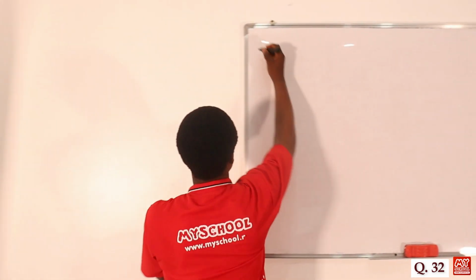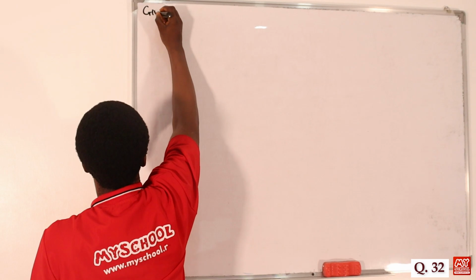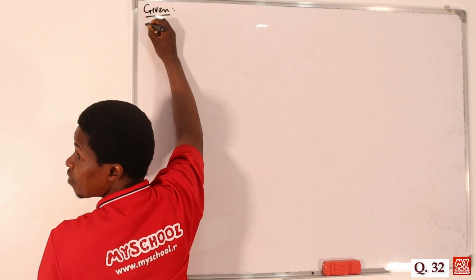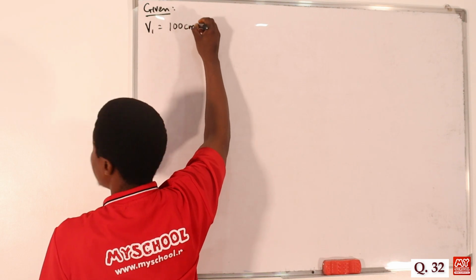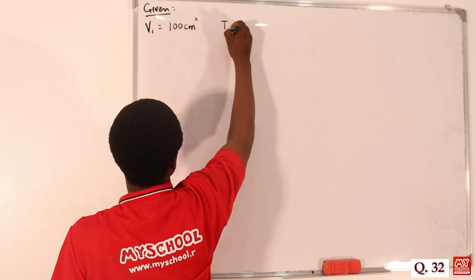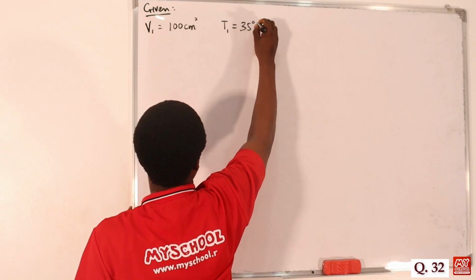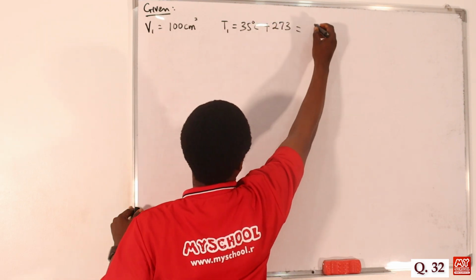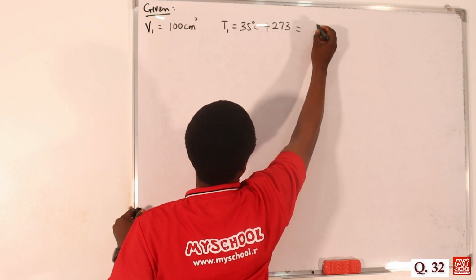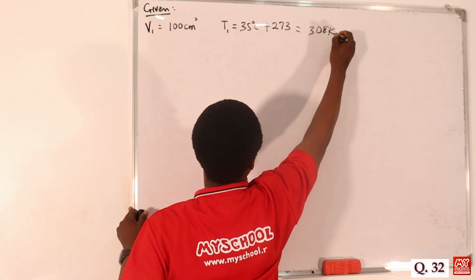Let's just write the given parameters we have there. We're told that V1 is 100 cm3. Then T1 is 35 degrees Celsius. Of course, if we change that to Kelvin, plus 273, that is going to give us 308 Kelvin.